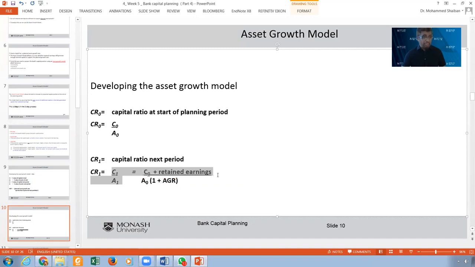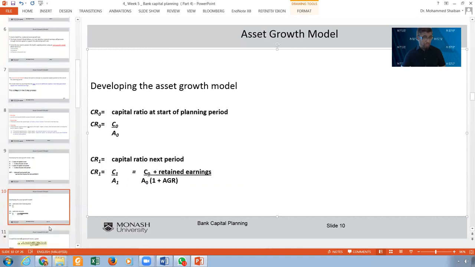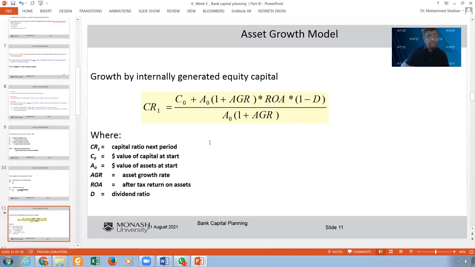Now, I didn't assume any dividends here, but the model will assume them when we come here. See, the model now assumes it. So this is the C1, this is the A1, which means the capital at the beginning of the year, the percentage of the capital or the target capital at the beginning of the year. I will add this area, all this area until the ROE, which is me increasing my assets, growing, times the ROA, the return, minus the dividends, over the asset plus its growth.